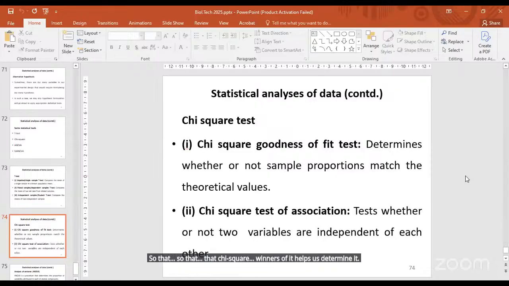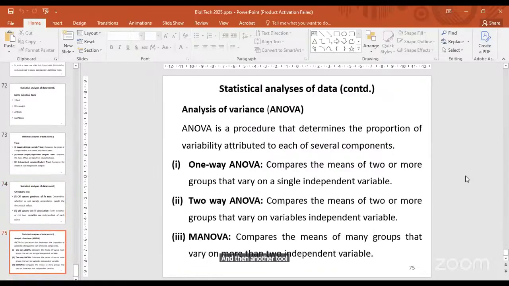And then another tool that you can use is ANOVA, analysis of variance. You may have many variables to compare. And that one too is of two types. You can have one-way ANOVA, or you can have two-way ANOVA.